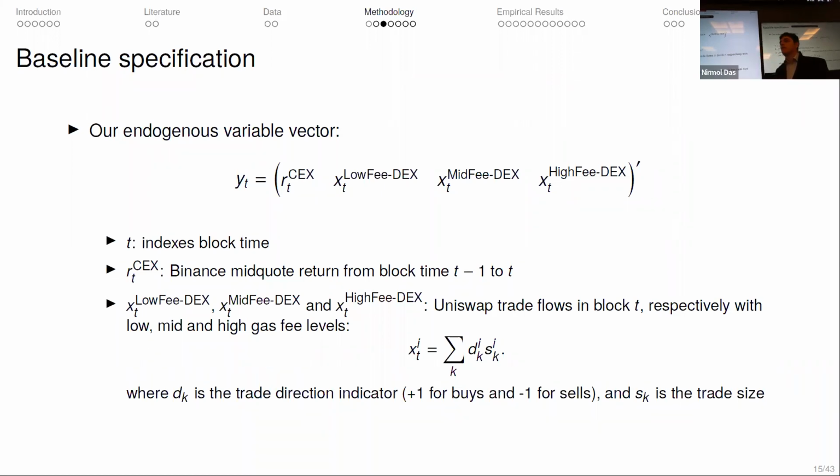And these low fee, mid fee, and high fee variables, are they mempool variables or actual trade variables? These are executed trade data. But if it's executed trade data, then essentially you can pretty much predict the price from them. Can you? How can you predict the price? You see the volume, and it should deterministically predict the return on the decentralized exchange.